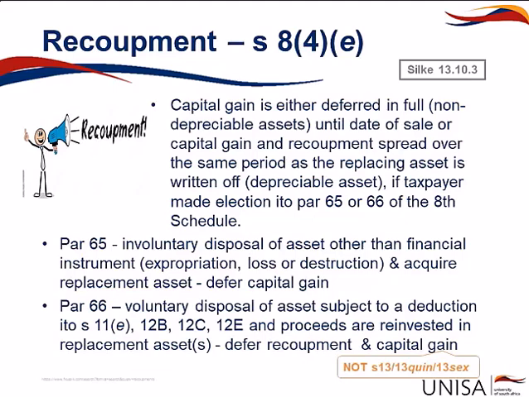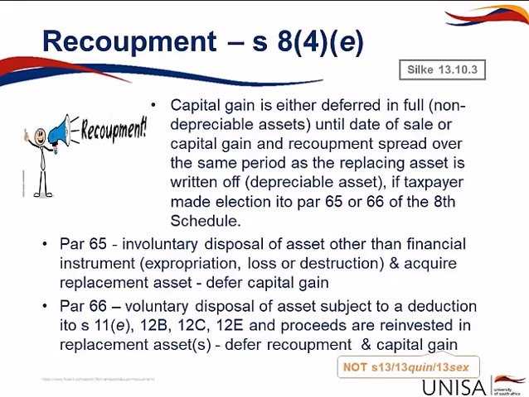If we elect to defer the capital gain in terms of paragraph 65, we will also defer the recoupment in terms of Section 8.4e. If we have an involuntary disposal, we can, on any capital asset, do the deferment of the recoupment.